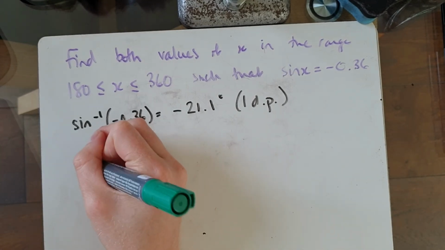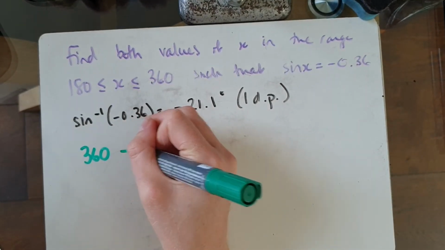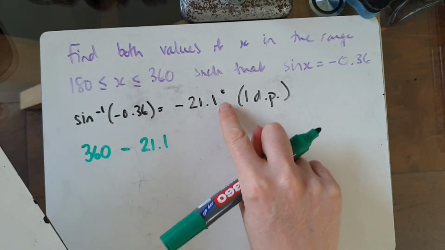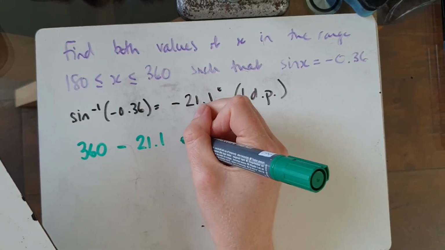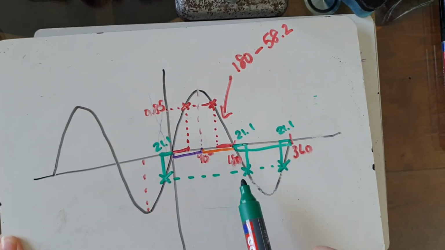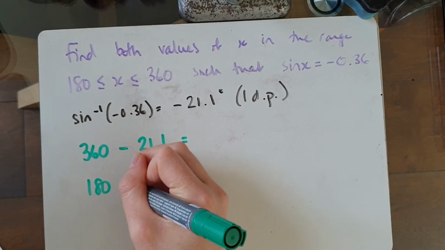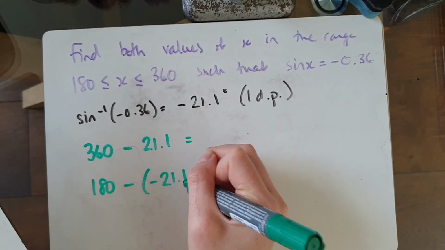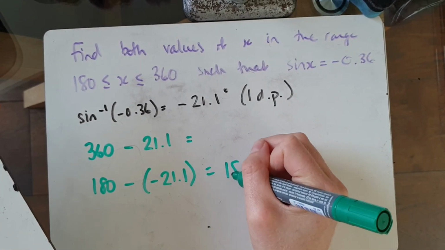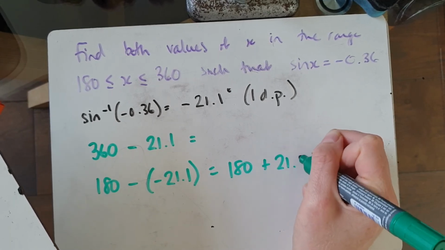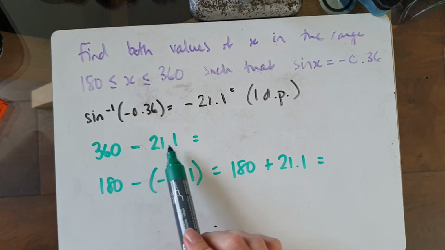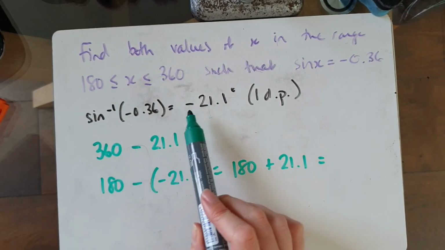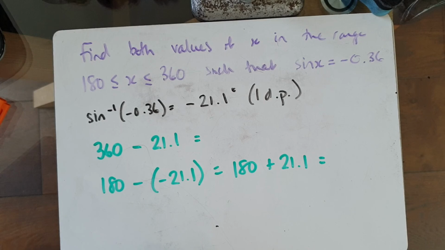So we can do 360 minus 21.1, so we're adding negative 21.1, which is the same as subtracting it. And we can do 180 minus negative 21.1, which ends up being the same as adding the absolute value. So we can either think of it as subtracting the absolute value or just adding the angle on to 360.